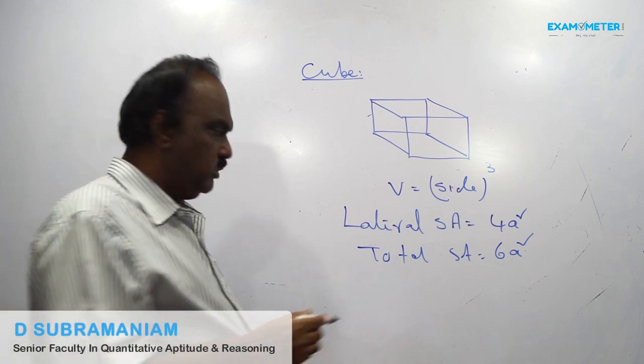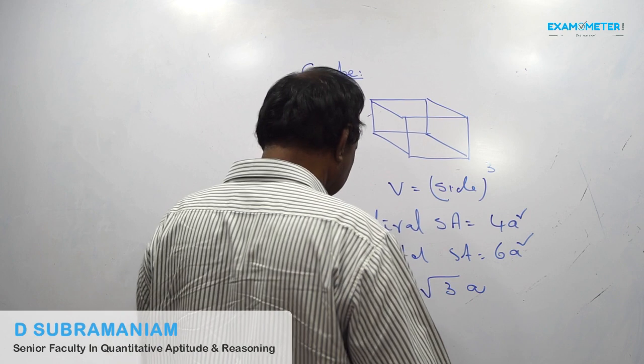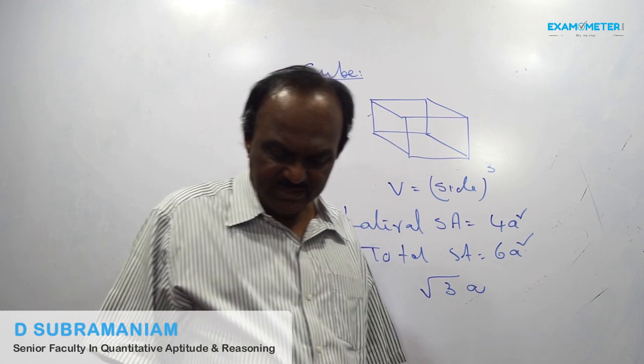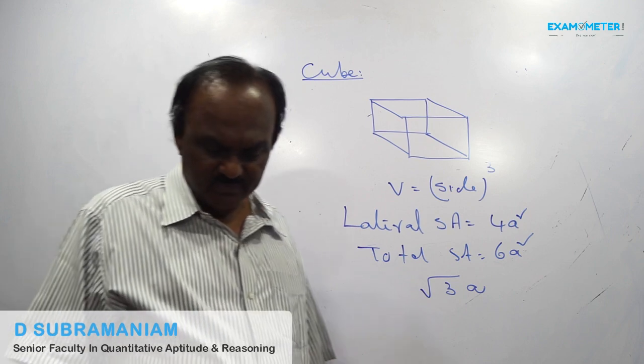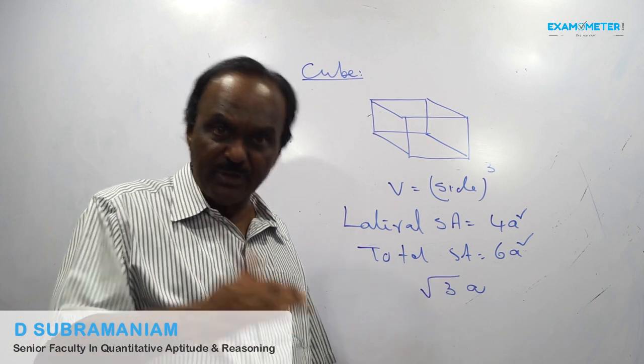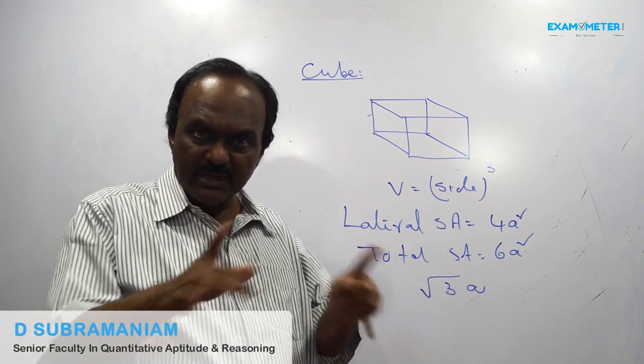Diagonal of a cube is root 3 a. Here a is the side or edge of the cube.